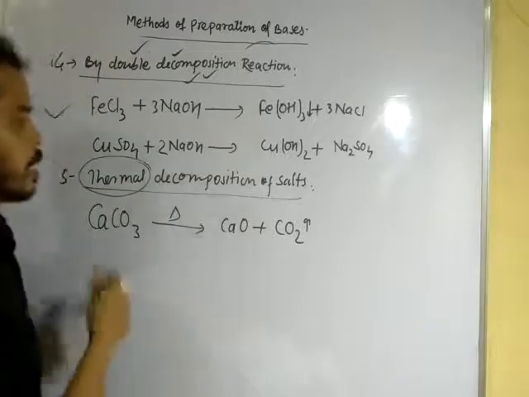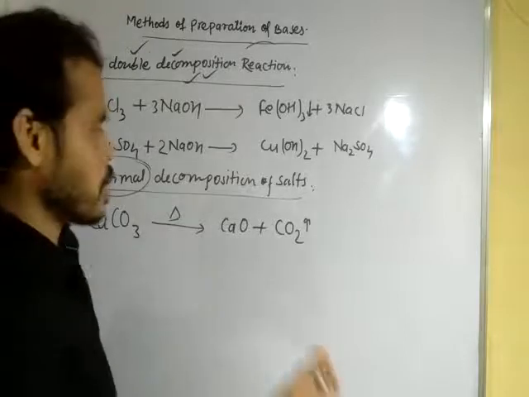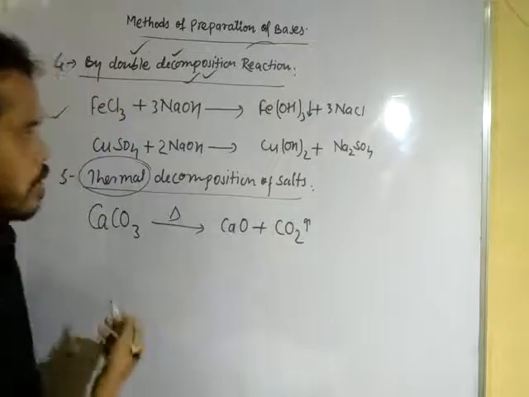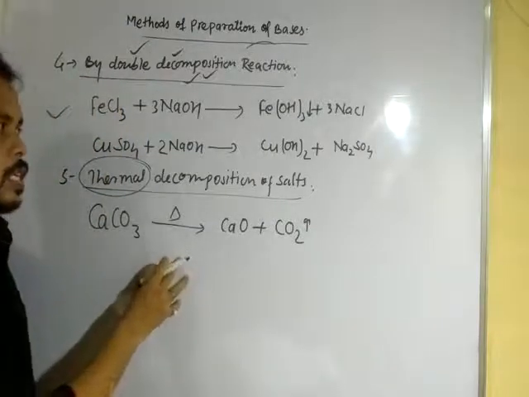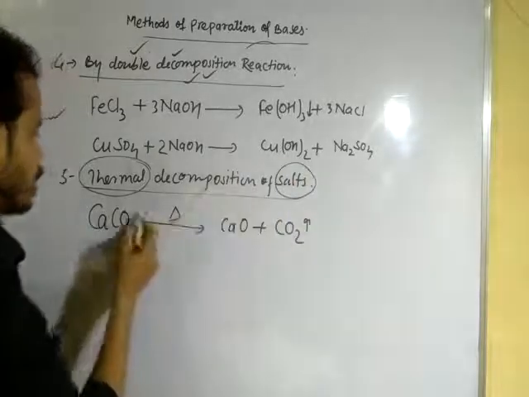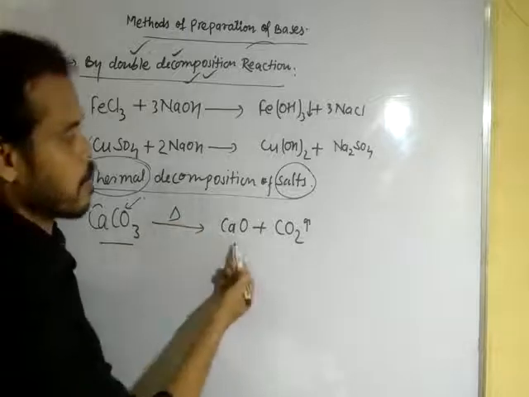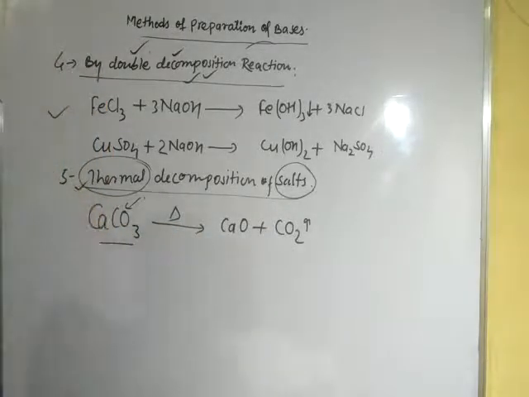After giving heat, if a substance breaks down to form new substances as products, it is called a thermal decomposition reaction. Here the salt calcium carbonate is decomposed after giving heat to form calcium oxide and carbon dioxide.